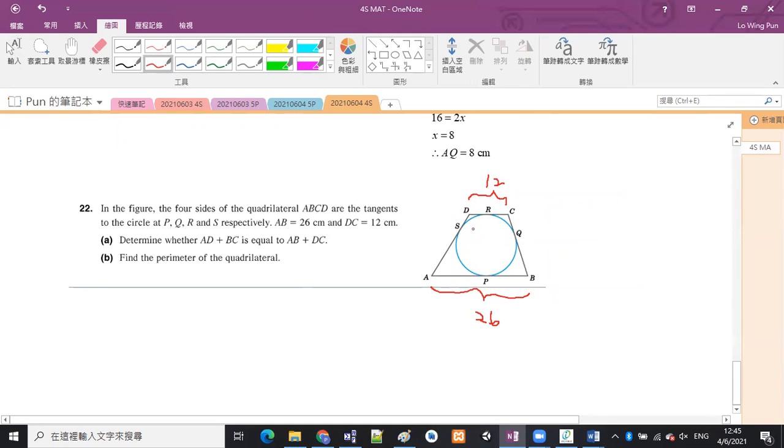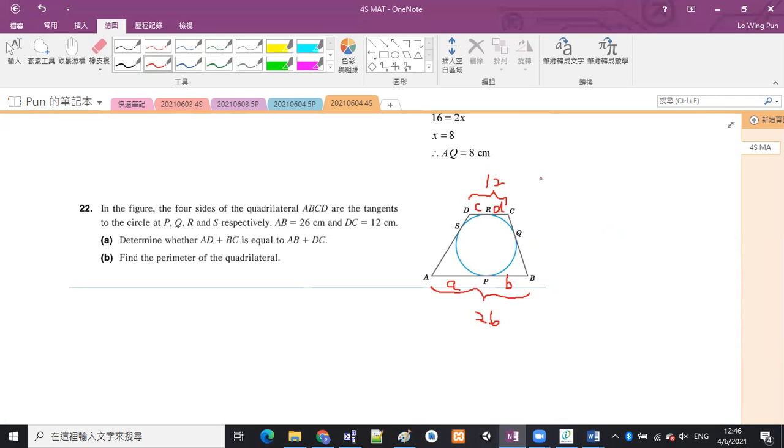Let me let A, B, C, D be these four parts: AP, BP, DR, and CR.